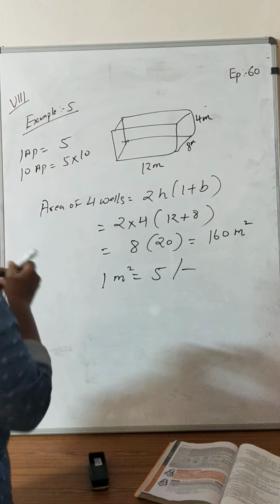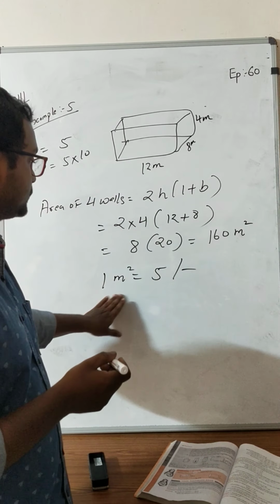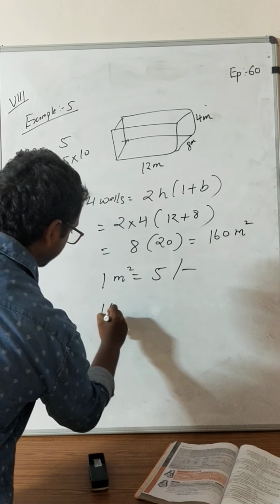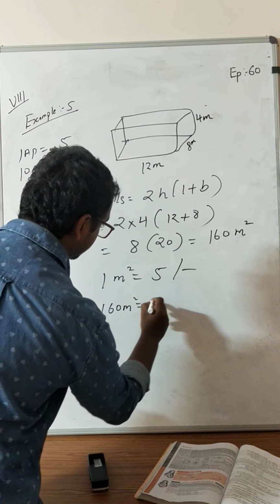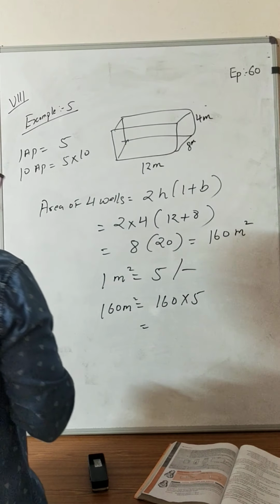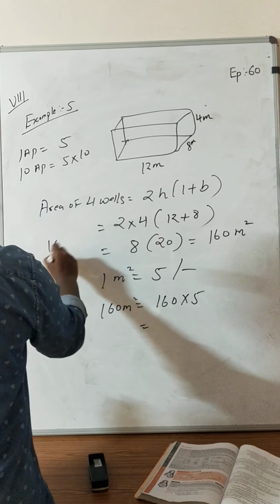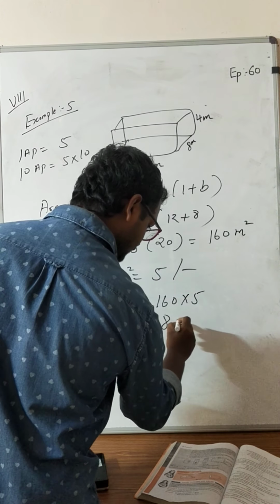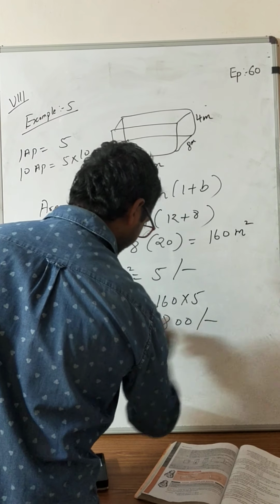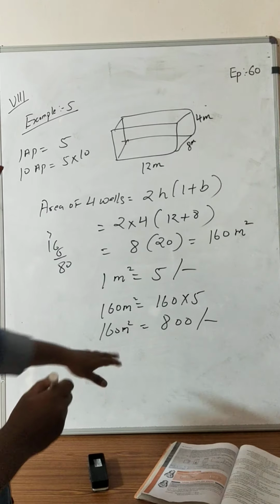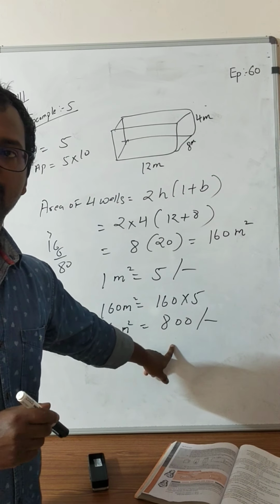Similarly, if for 1 meter square the cost is 5, then for 160 meter square the cost is 160 into 5, which is 800 rupees.